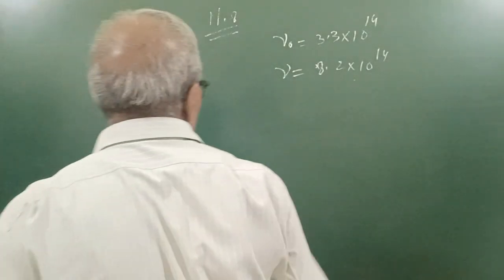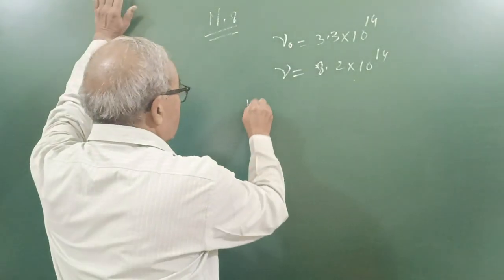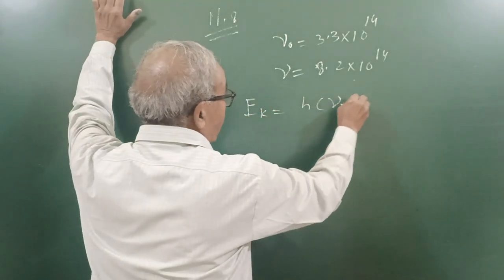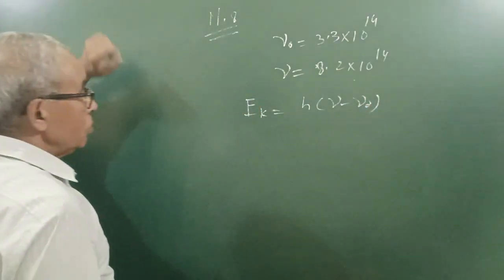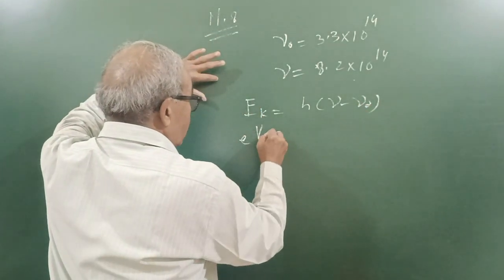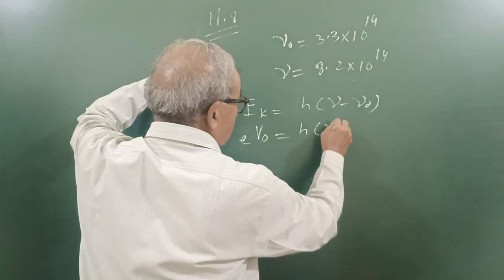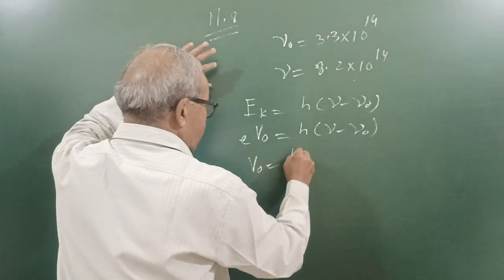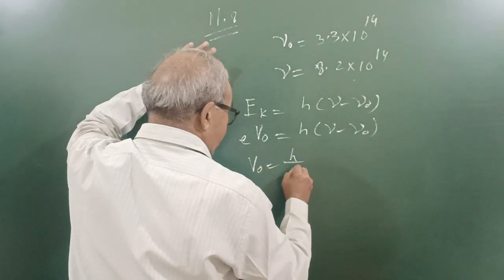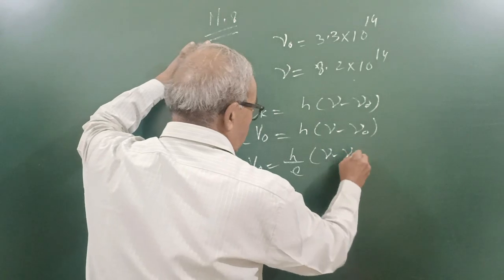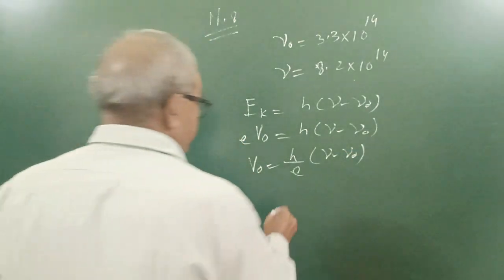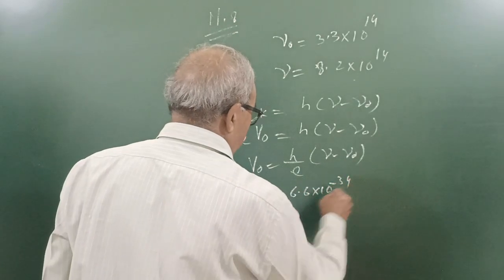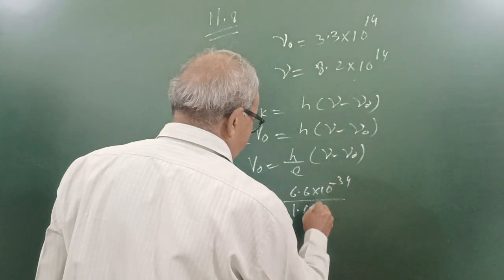I told you the Einstein equation: Ek is equal to h into nu minus nu 0, and Ek equal to eV0. So V0 is equal to h upon e into nu minus nu 0, and it is very simple now: 6.6 into 10 to the power minus 34 upon 1.6 into 10 to the power minus 19.